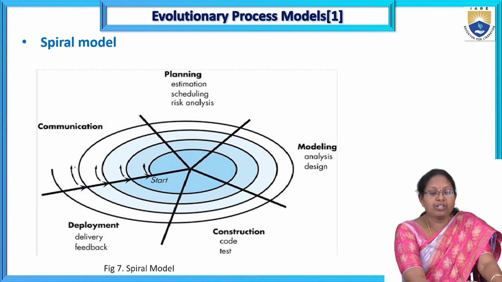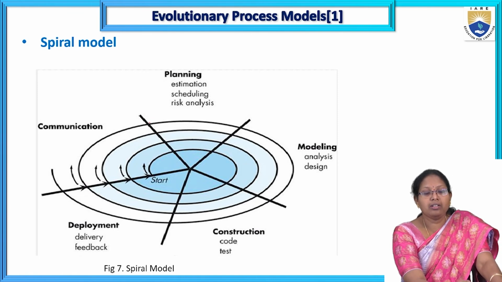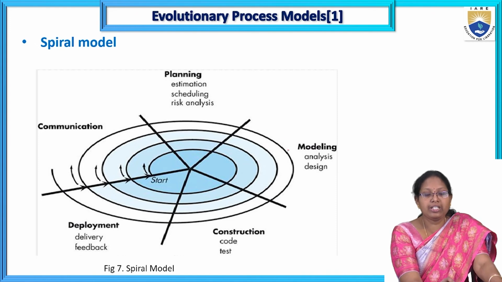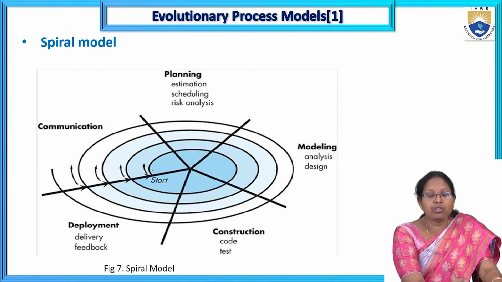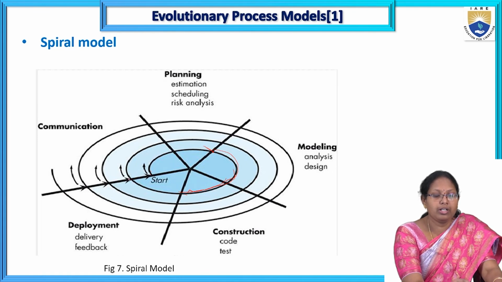One communication pass is over, then the planning, then the modeling. The first iteration starts with the first part of the project. Once communication for this part of the project is over, meaning requirement gathering is over, then go for planning, then modeling, then construction with code generation, then deployment.